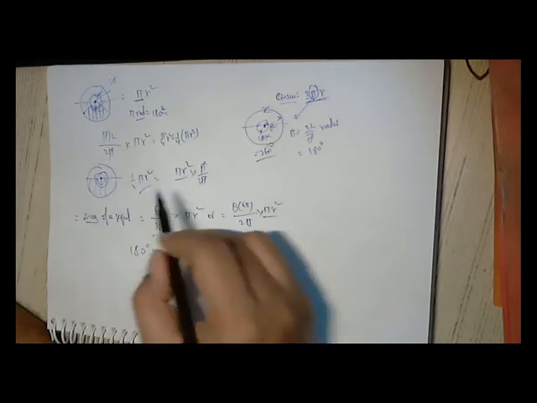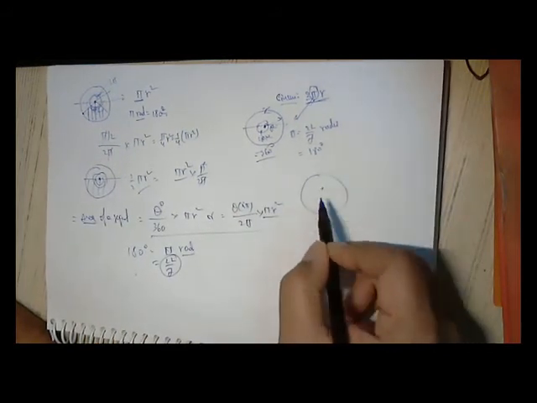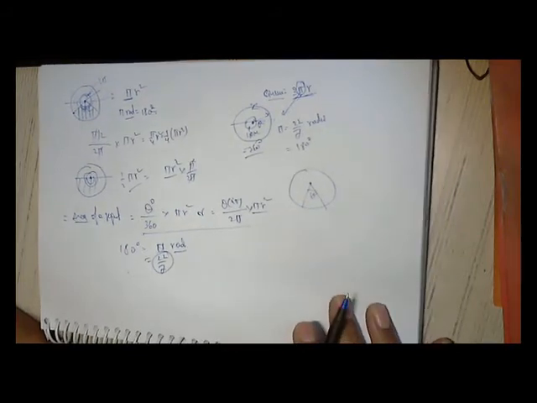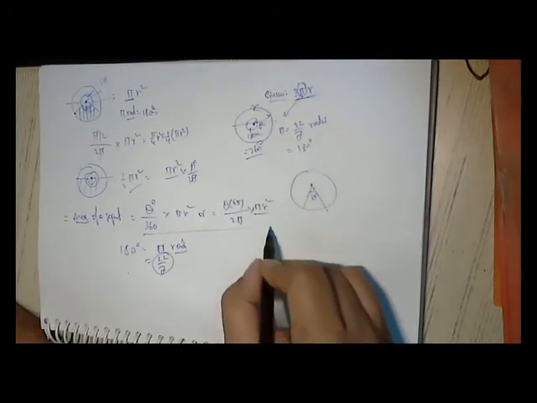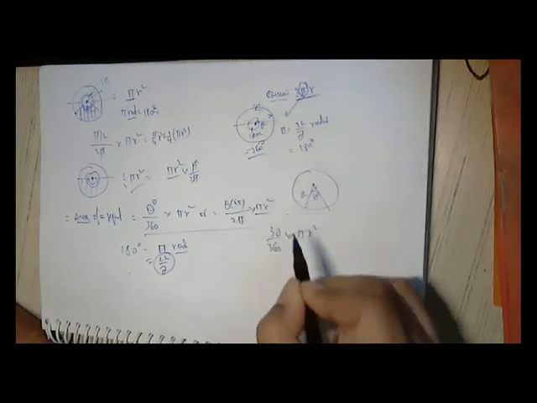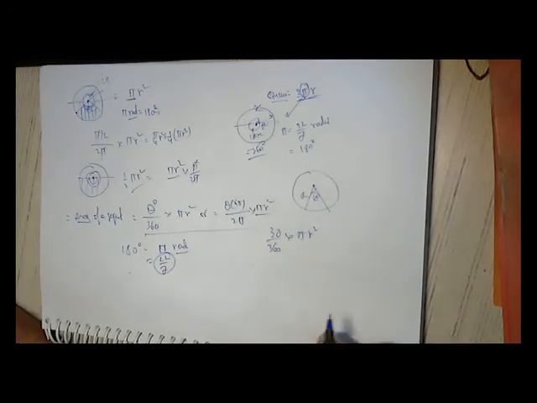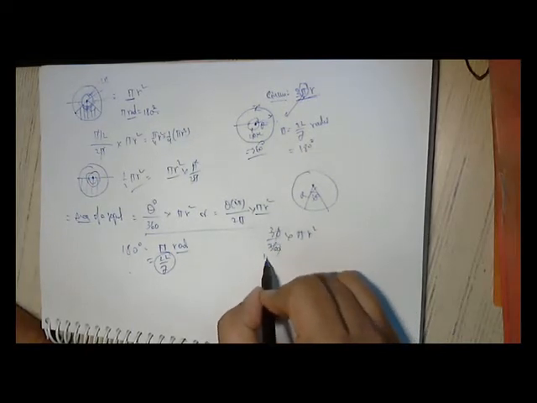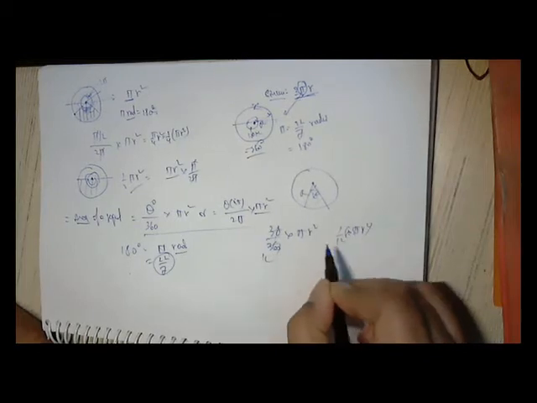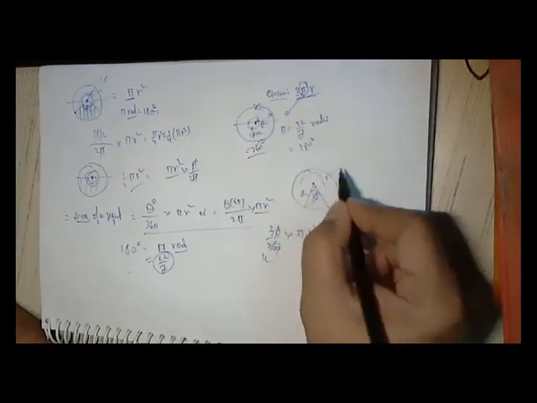Now suppose I take a segment of 30 degrees. What is its area? 30 by 360 into pi r square, so 1/12 pi r square is the area of this. What is the balance area?